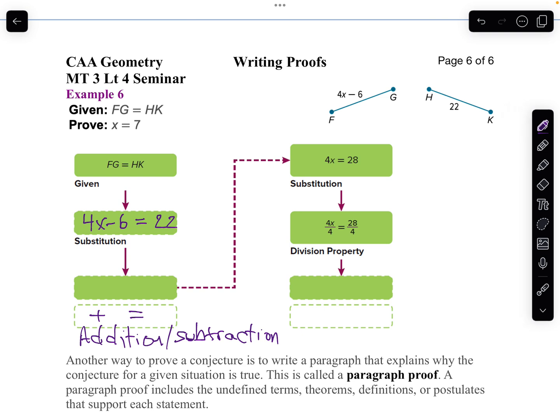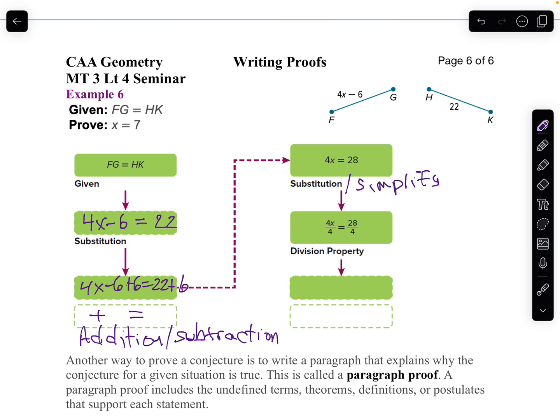So I should have said 4x minus 6 plus 6 equals 22 plus 6, because you're adding 6 to both sides. They called it substitution. Sometimes you'll see it as simplified. I like simplify better, but your textbook likes to use substitution.